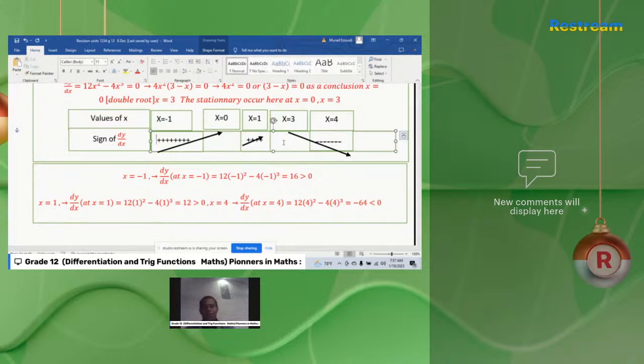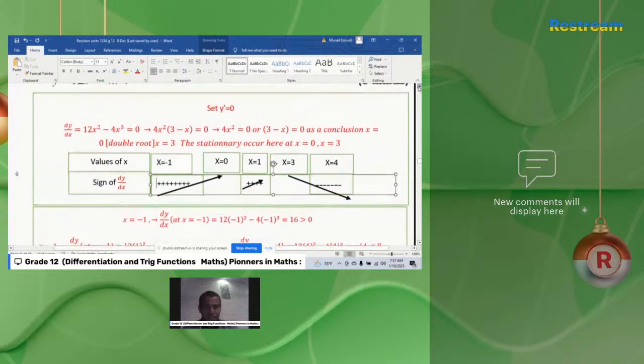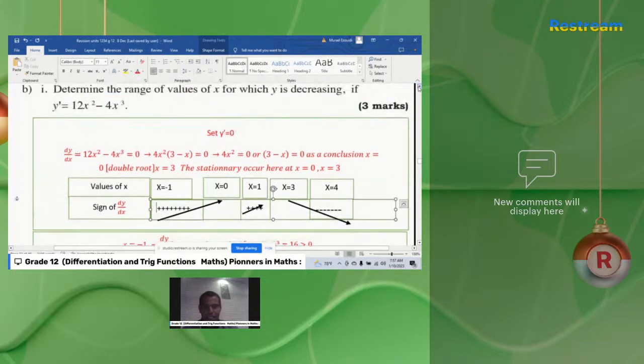Now learners, it's clear that I finished solving this question, meaning the question has the interval, the range of values of x for which the function is decreasing. Yes, decreasing.